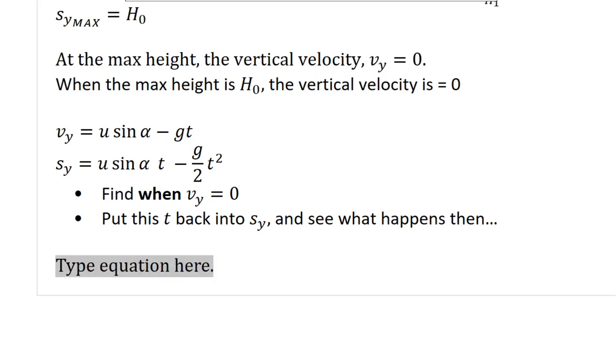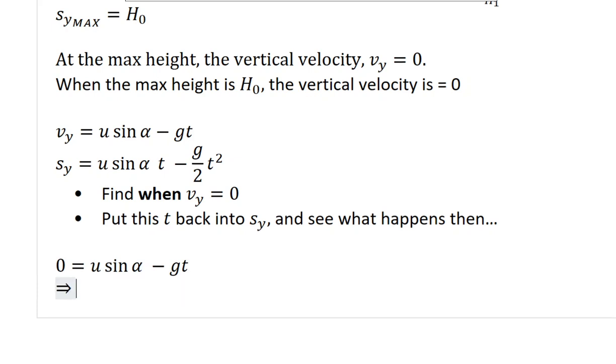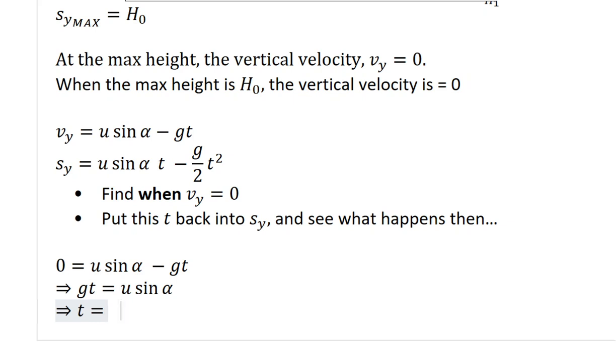That would be 0 equals u sine alpha minus gt, which gives us gt equals u sine alpha, which gives us t equals u sine alpha over g.